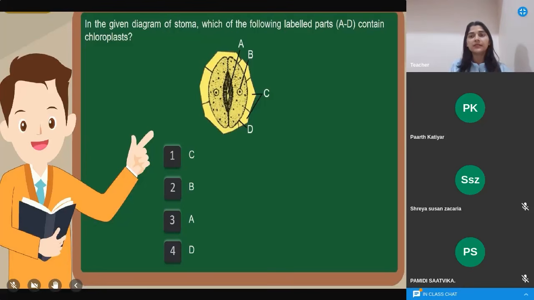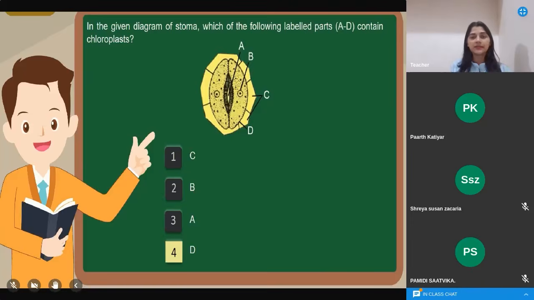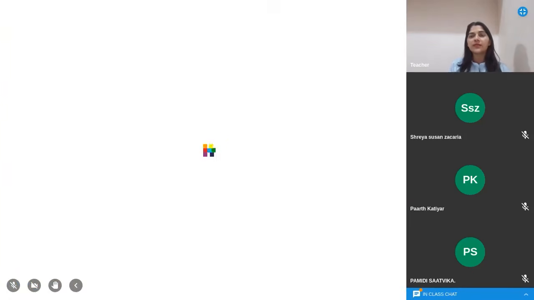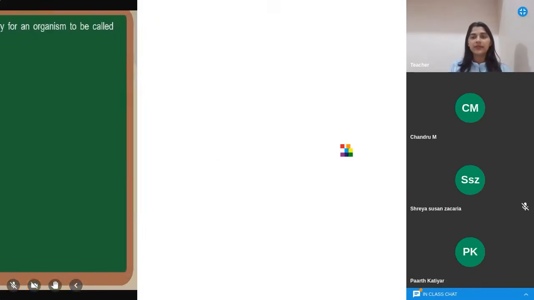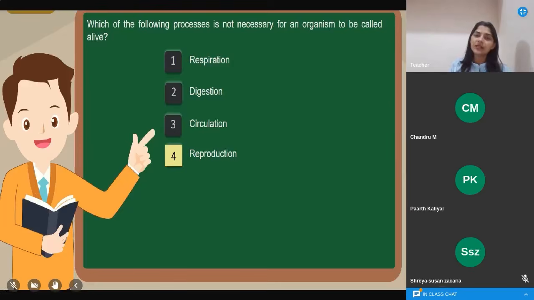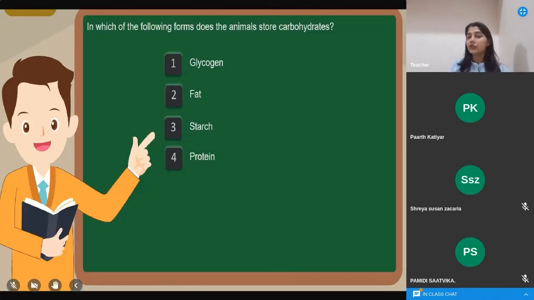Guard cells will have the chloroplasts, and option 4 is the correct one, not the nucleus. So D is the guard cell, B is the chloroplast. Next question. Which of the following processes is not necessary for an organism to be called alive? Option 4, reproduction. Very good. I told you why.